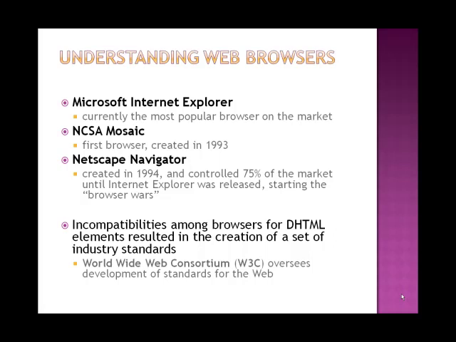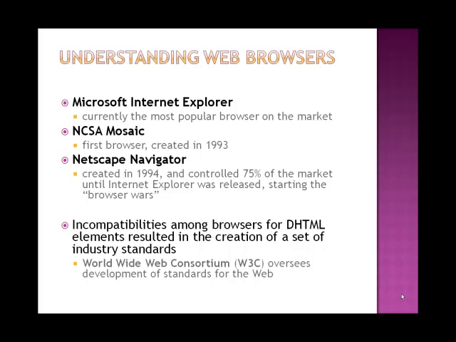There are a number of different browsers that you can choose from to show your internet pages or web pages, and Microsoft Internet Explorer at the time is the most popular web browser on the market. However, it was not the first browser that was created.